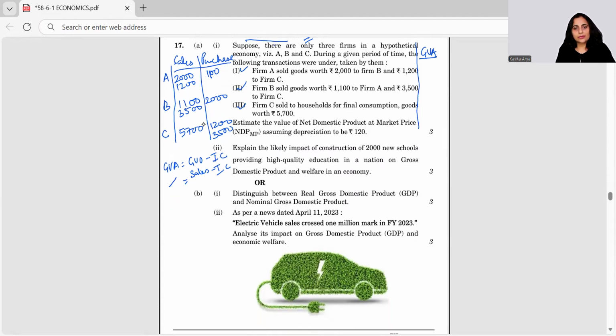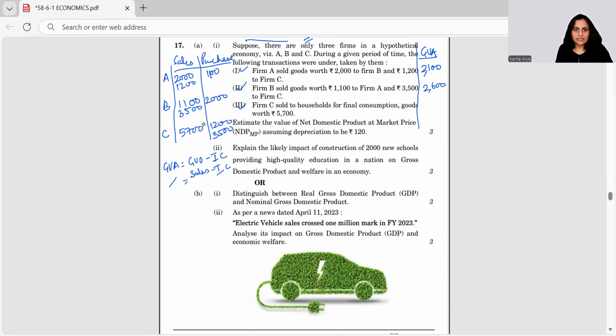So let us do it. Out of 3200, when 1100 are subtracted, we would have 2100 here, right? Out of 4600, when 2000 are subtracted, this becomes 2600, okay?